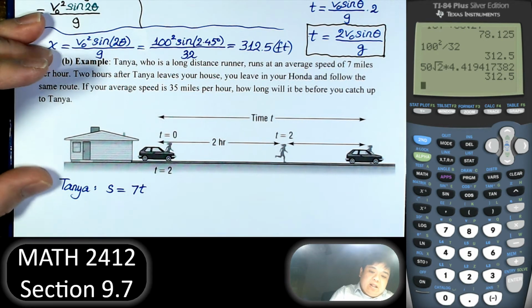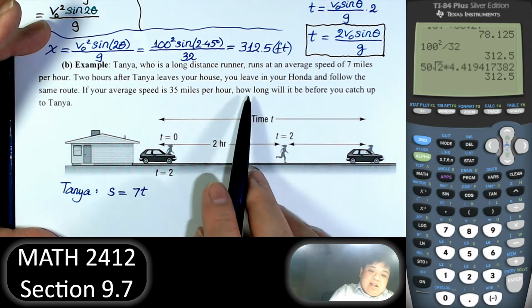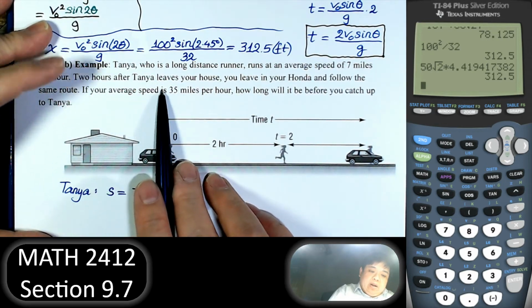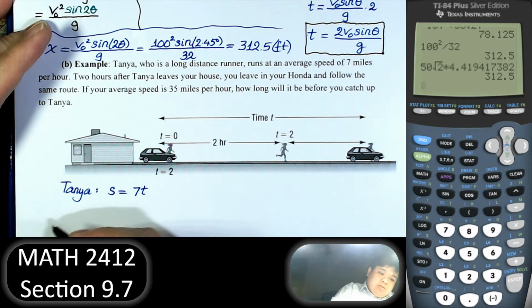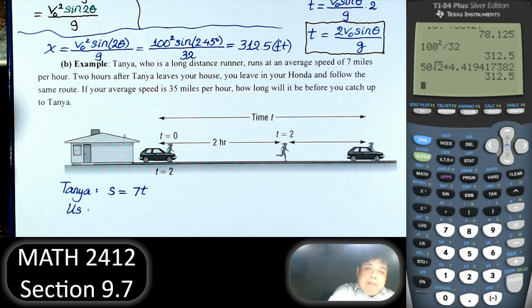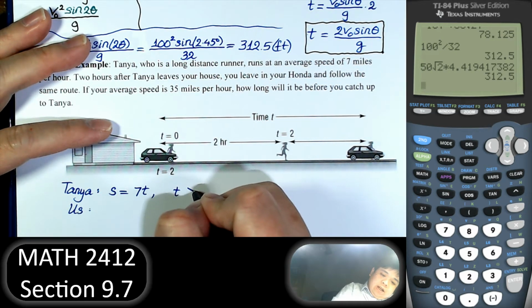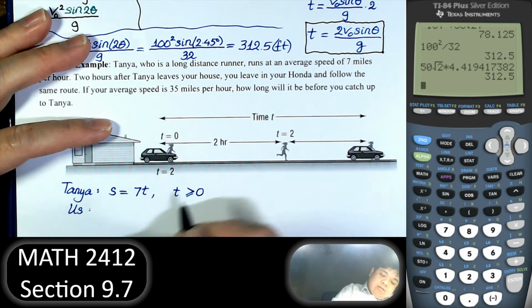Right, next. And then after that, we leave the house. How do we write the speed? So this is t greater than or equal to 0, right?